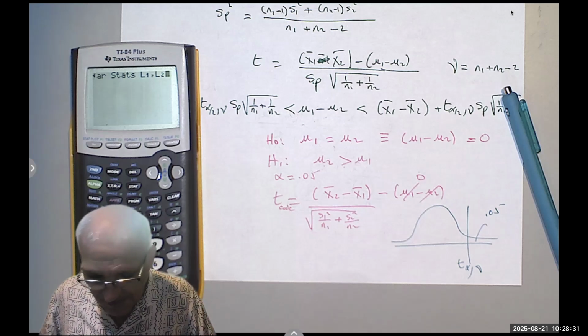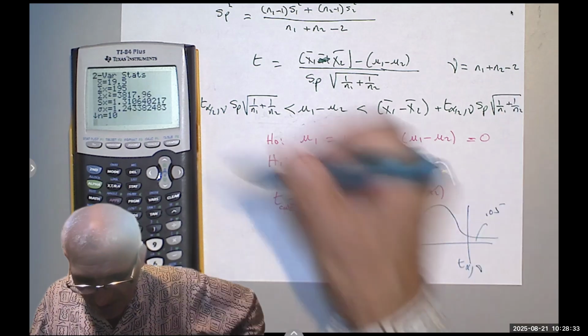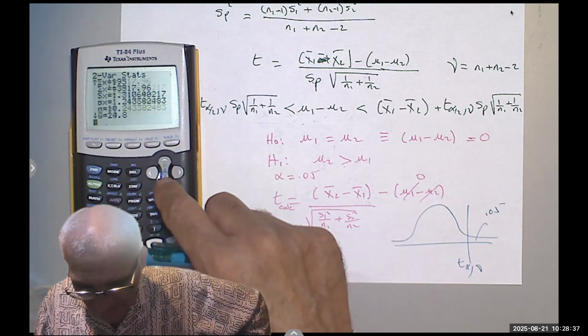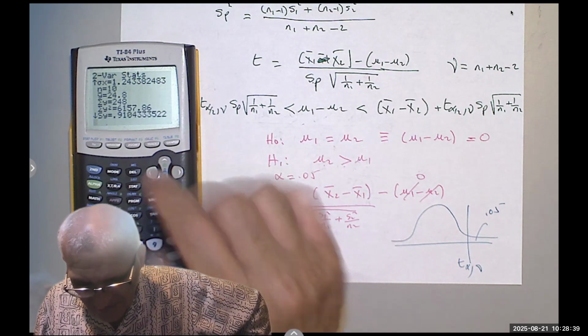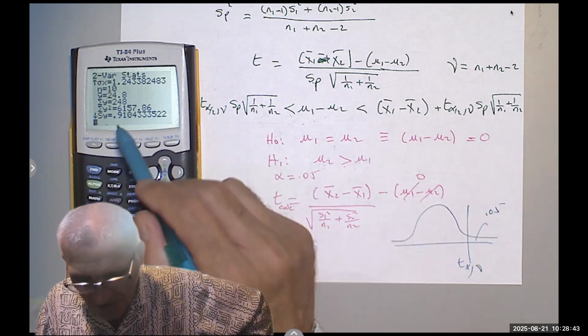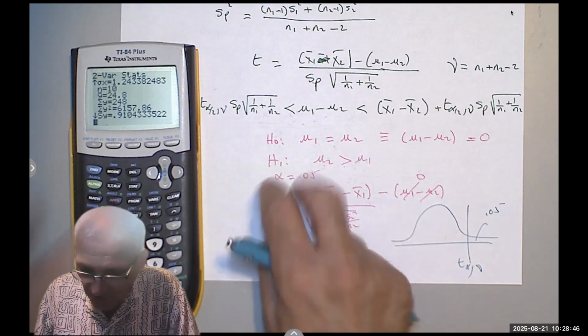So if I do that, it gives me SX is 1.3, and it gives me SY, which is SX2, is 0.91. I can use those, and the sample size n is 10.